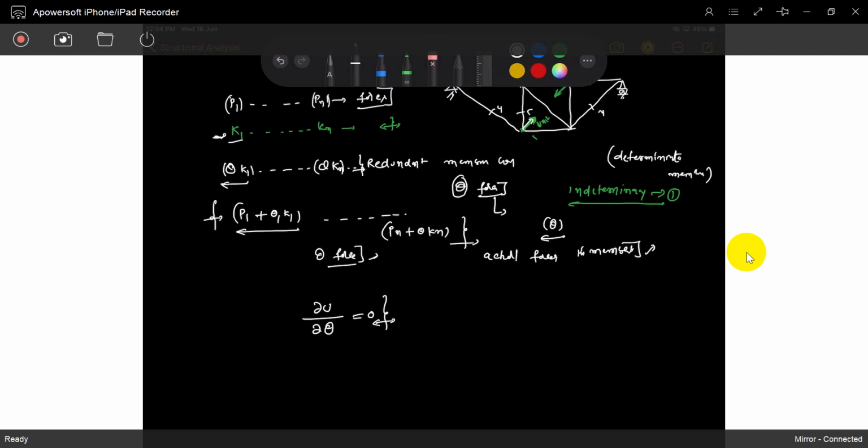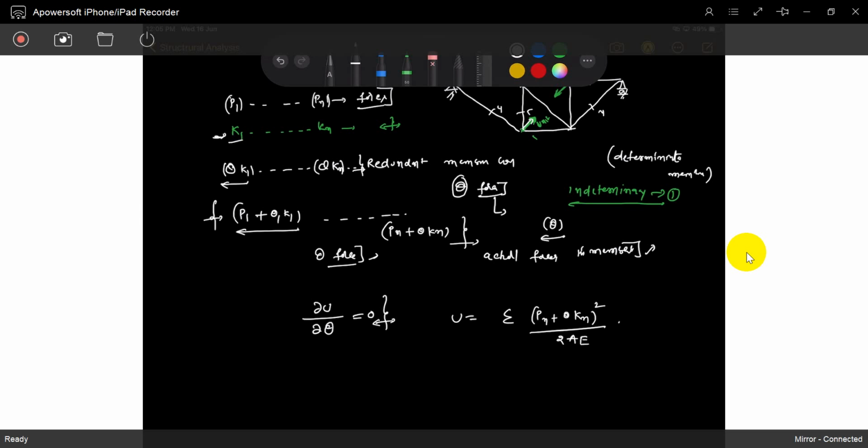So find out the total strain energy. What is strain energy? Sigma of every force squared: (Pn plus Q Kn) whole square by 2AE.